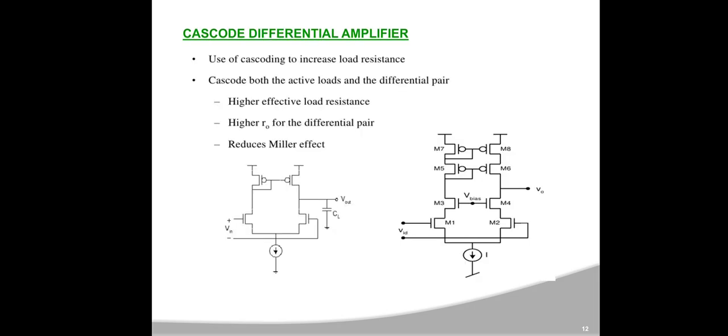Cascade differential amplifier. Using a cascade increases the load resistance. Cascade both the active loads and the differential pair. It gives higher effective load resistance for the differential pair and reduces Miller effects.